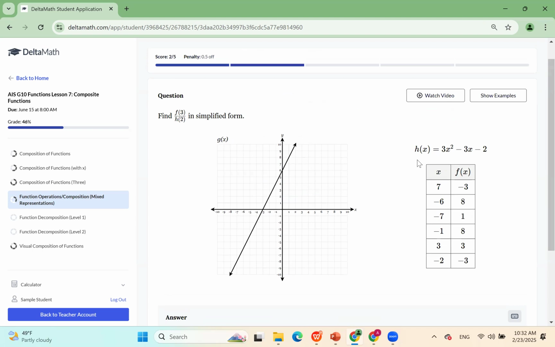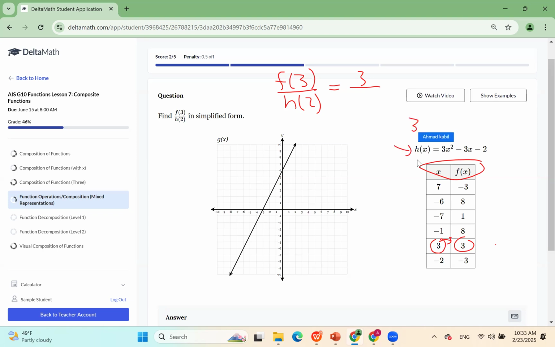Here we require to get f of 3 over h of 2. Now, from the table, f of x, when the input is 3, the output is 3 as well. So f of 3 equals 3. And h of 2 means we put 2 inside the h.